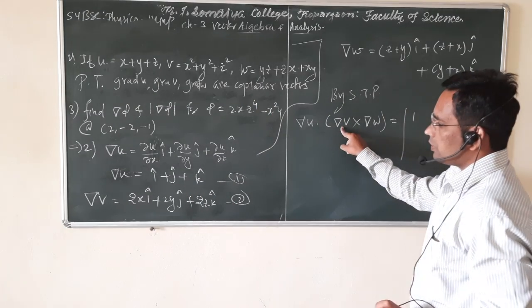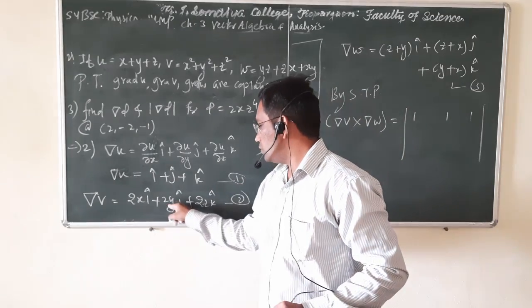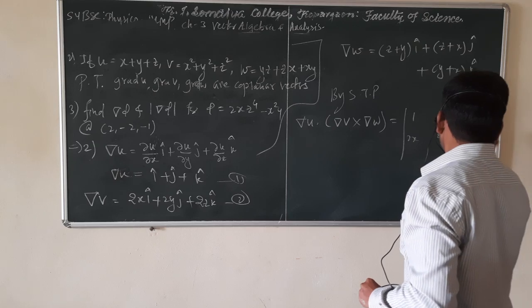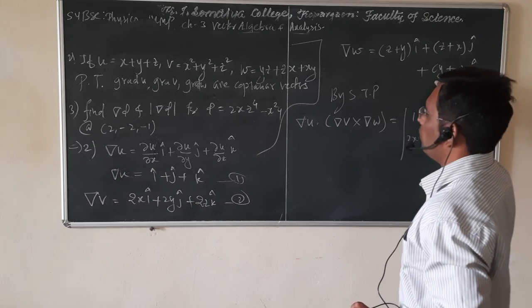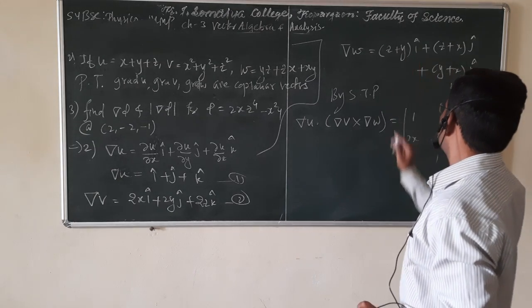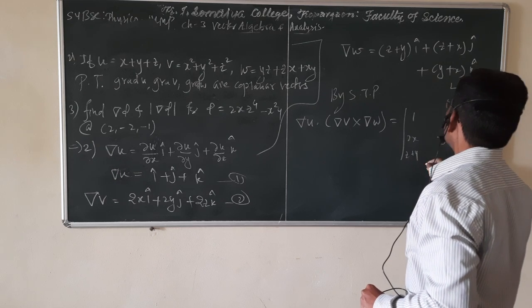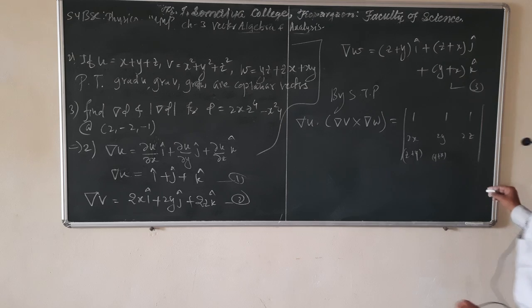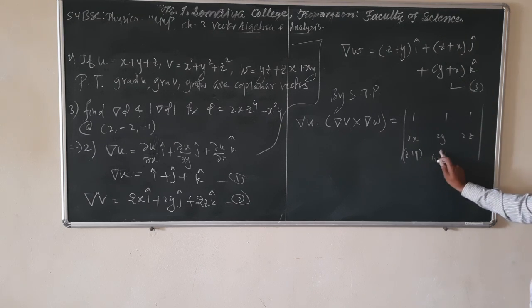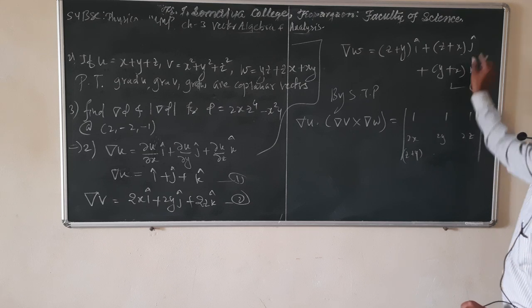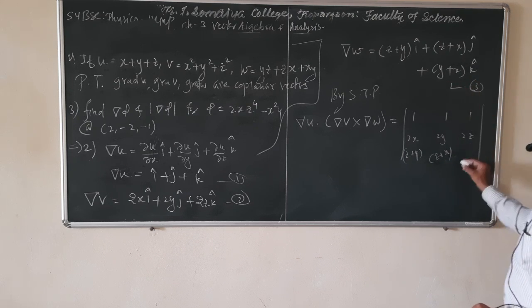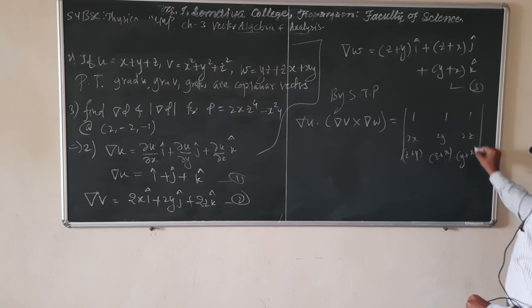In the second row we have 2x, 2y and 2z, and in the third row we have z plus y, then z plus x, and y plus x.